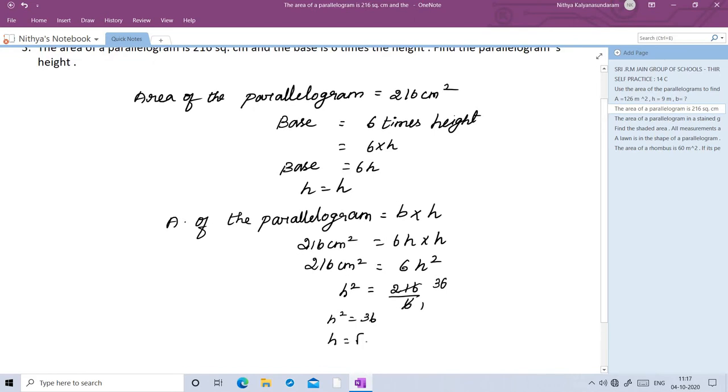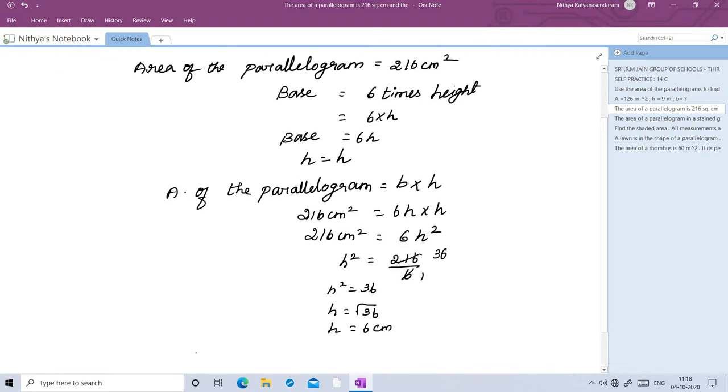So h is equal to square root of 36. 6 6s are 36, the square root of 36 is 6 centimeter. So the answer, height of the parallelogram is 6 centimeter.